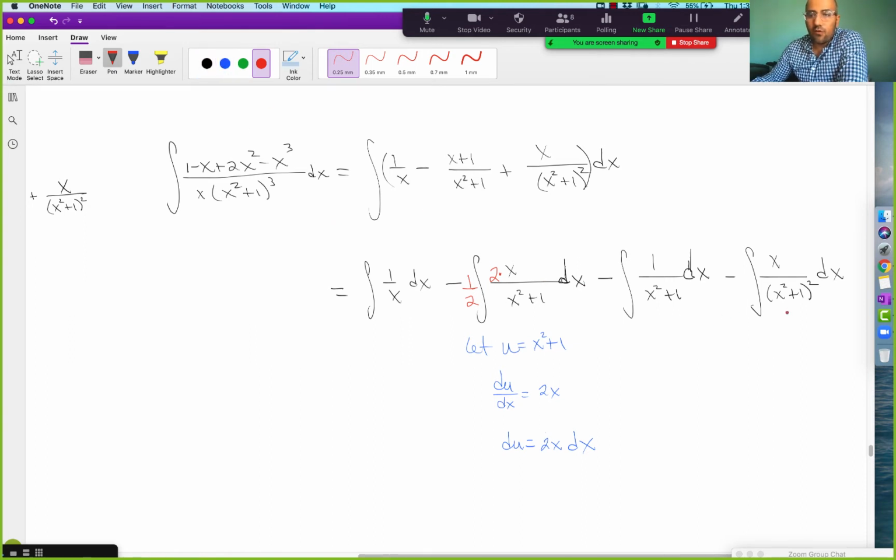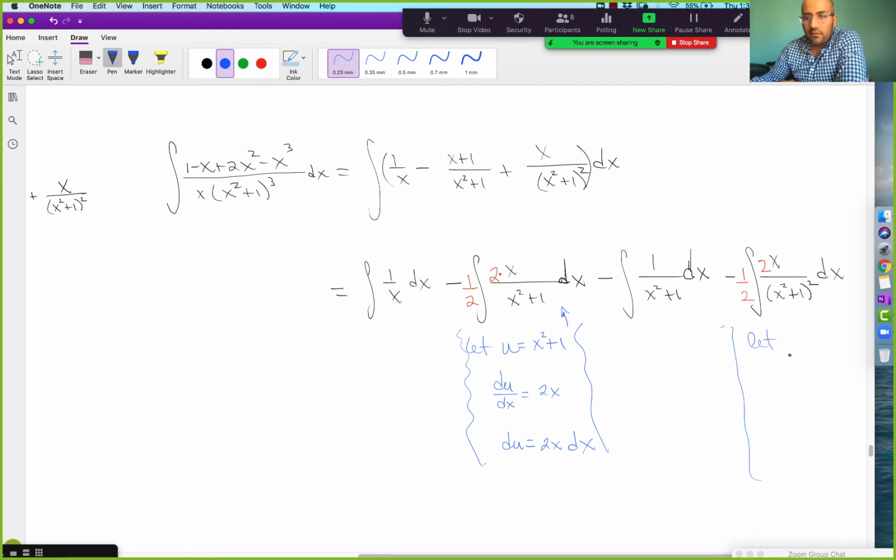And I'm going to do the same thing over here. In fact, I have the same substitution going on here. Right? We have x squared plus 1. And so I'm going to put in a 2 there. And then also balance it out with a 1/2 there. Now this one I'm not going to do a u substitution on. It's just one of our standard, I don't want people to get confused. So this is this for this guy, and then technically for this guy I'm going to do the same thing.